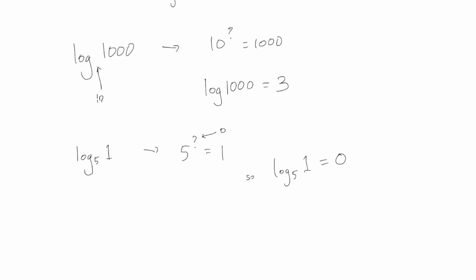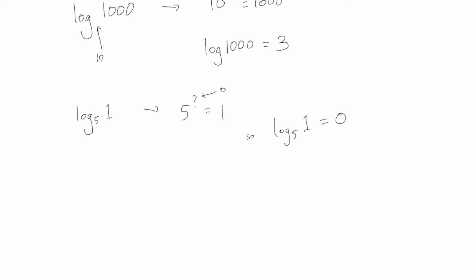And I will just point out, actually, that problem really has nothing to do with the number 5. This is not a special property of the number 5. It's true that any number to the power 0 is 1. And so this is not only true with log base 5, this is a general property of all logarithms.